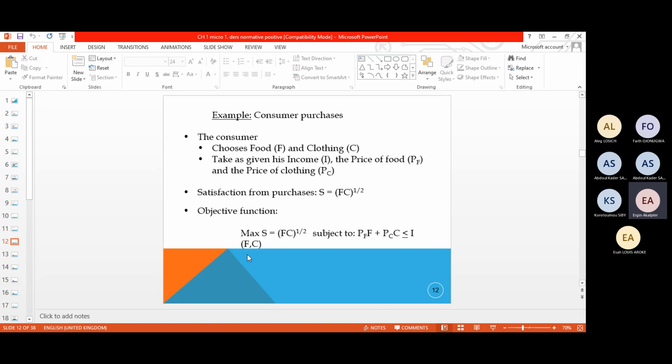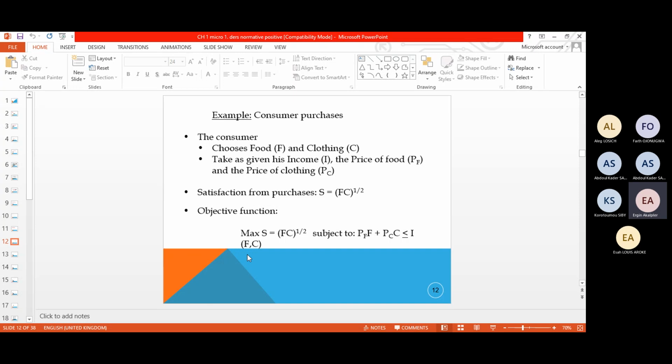The example is then given here, the consumer purchases, following the former model for the rectangular fence. The consumer here, an ordinary consumer, chooses between two articles, food and clothing. Food is represented with F and clothing is represented with C, and he takes as given his income I, which is the disposable income.